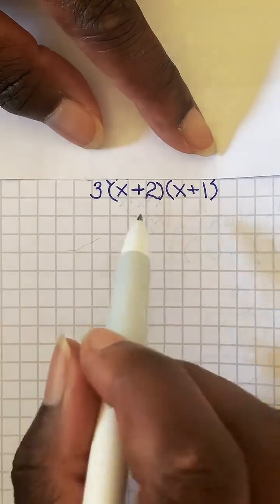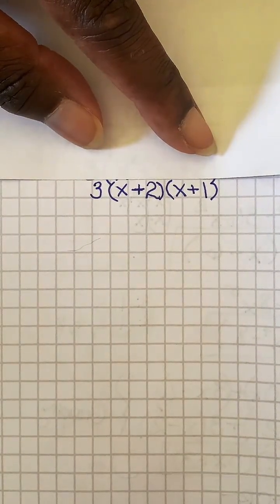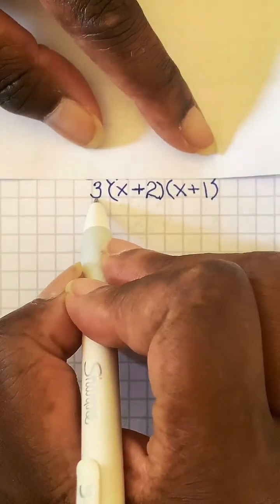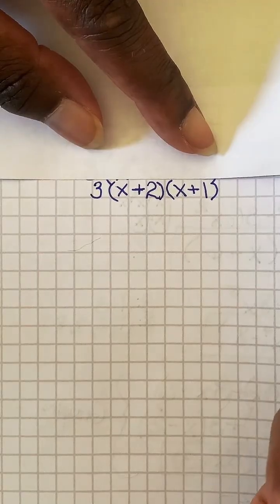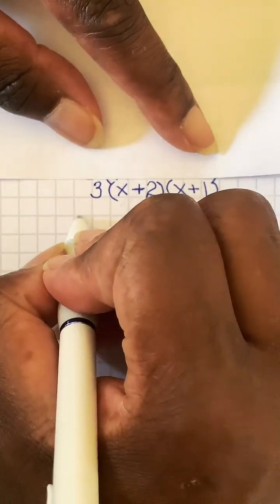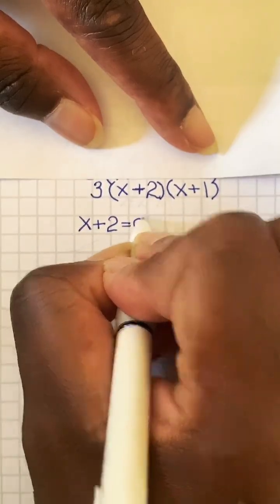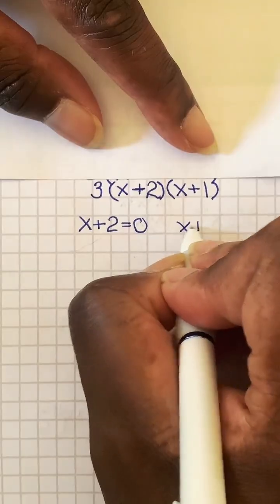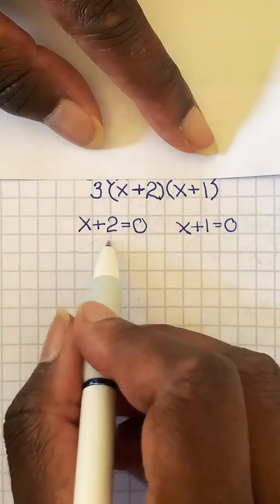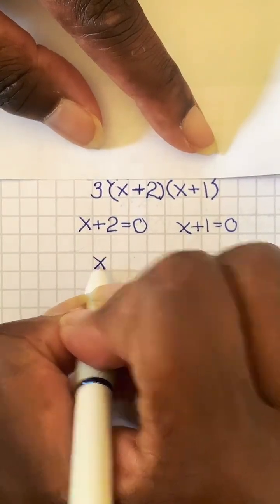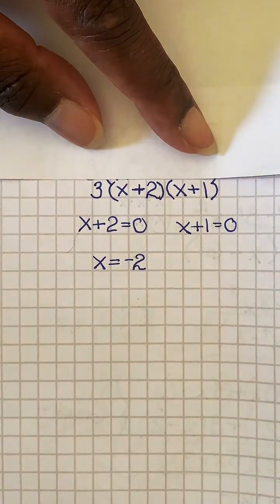So we want to set all of these equal to 0. I don't really have to set the 3 equal to 0, because can 3 equal 0? No. But then I have x plus 2 equal to 0, and x plus 1 equal to 0. If I subtract the 2 on both sides, I get x equals negative 2.